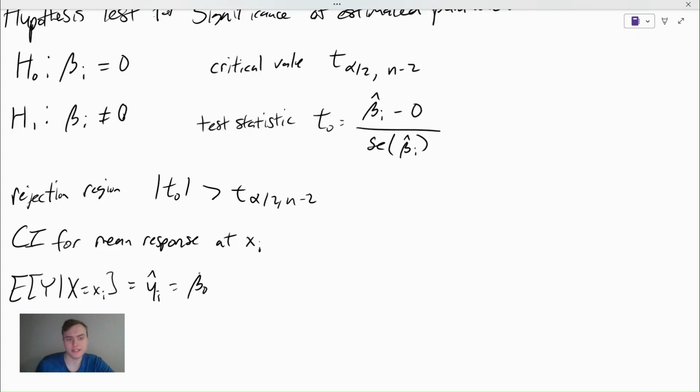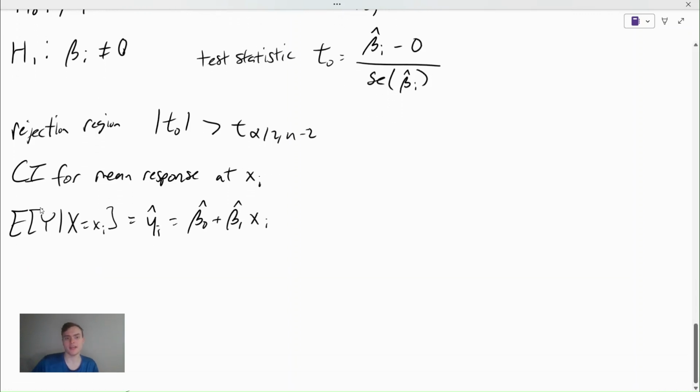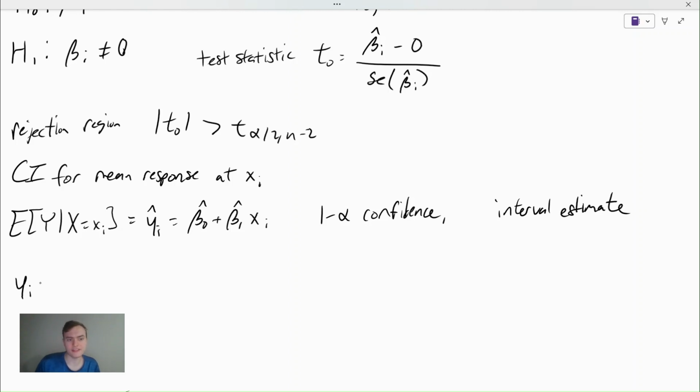And that was equal to beta 0 hat plus beta 1 hat times xi. After we choose the betas and an xi, then we know what y hat I is. Now we want a 1 minus alpha confidence and then an interval estimate. So we're saying that the value of yi is not a single point. Now it's inside this interval.